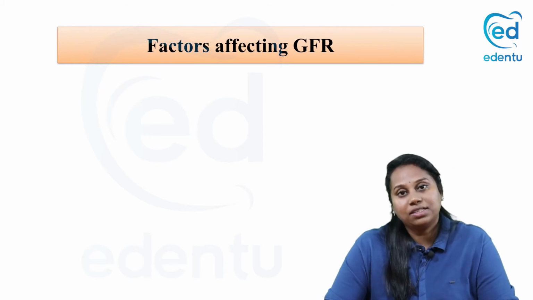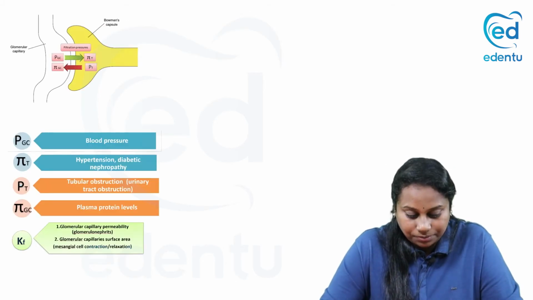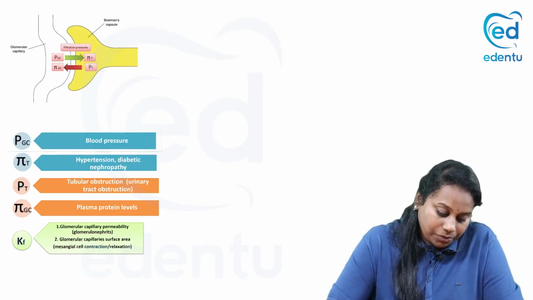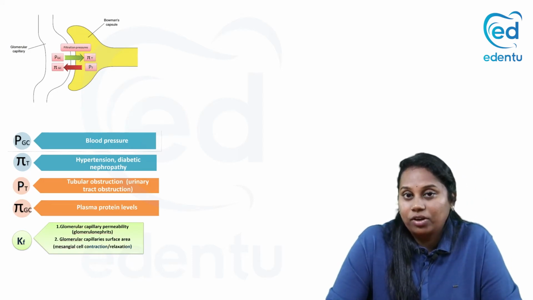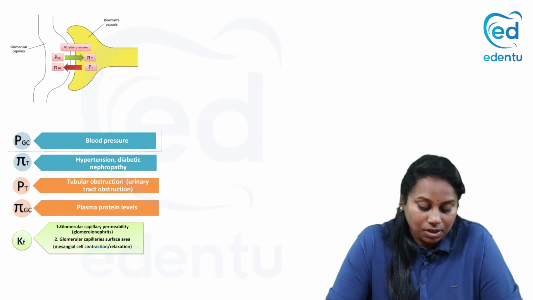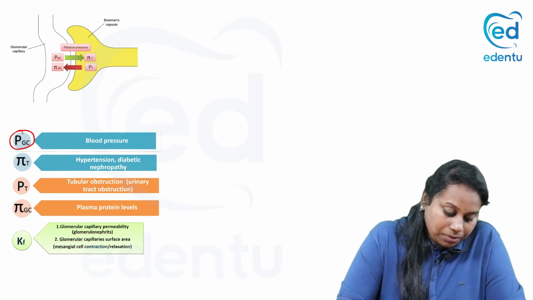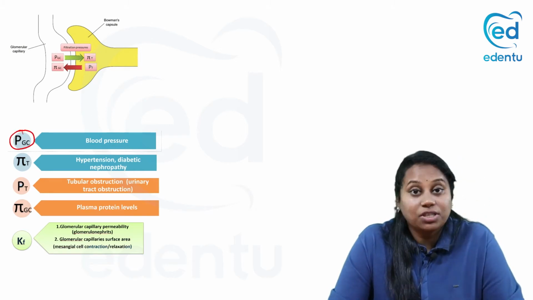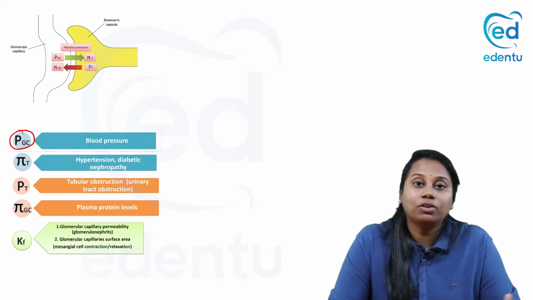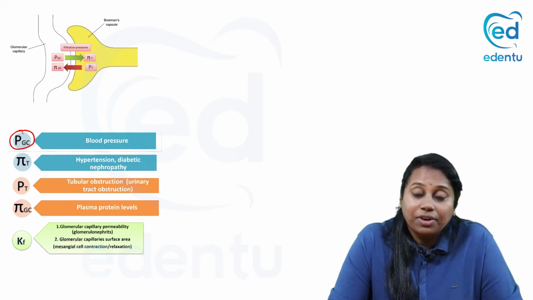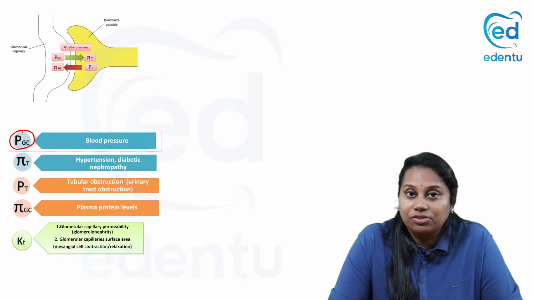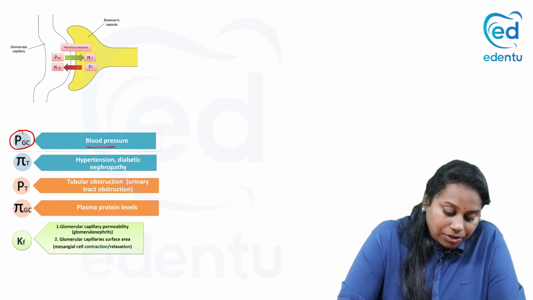What are the factors affecting GFR? We will learn this in an easy way by just recalling the four Starling's forces one by one. PGC. What is PGC? Hydrostatic pressure on the glomerular capillary side. So what factor will mainly affect this PGC? Blood pressure.